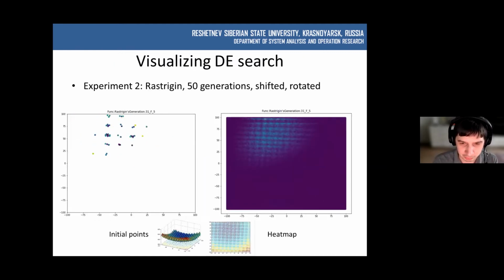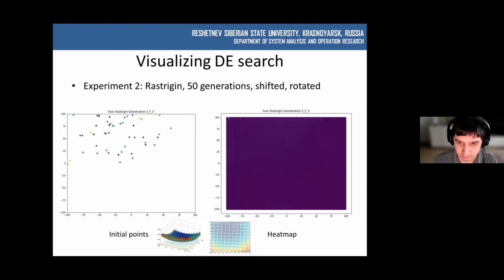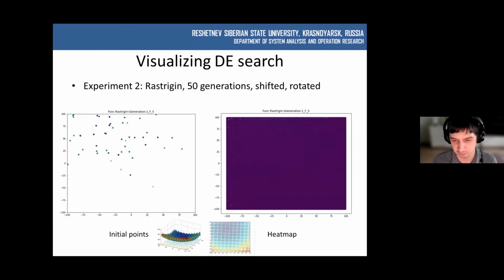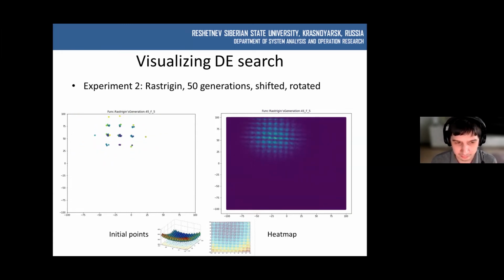So here is a picture of actually a movie, a movie that shows how this heat map changes every generation. Every generation, over 50 generations, we sample 100,000 points and build a two-dimensional histogram. This is the Rastrigin function, familiar to most of you. On the left, you can see how the points are organized.